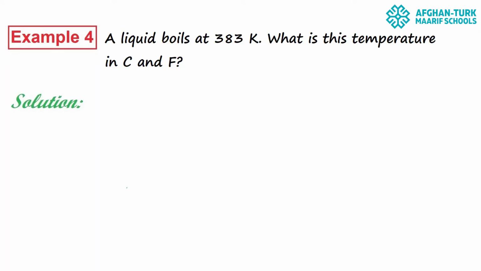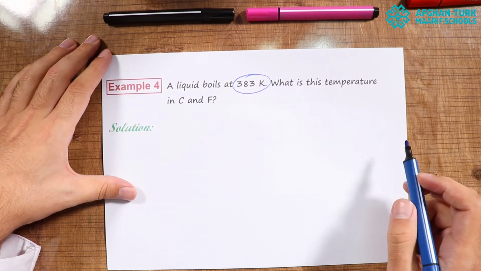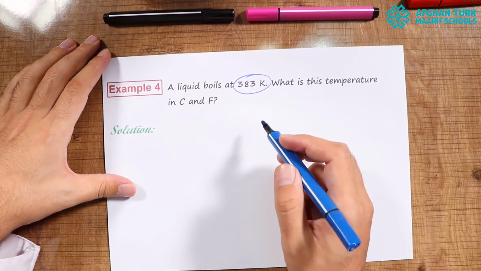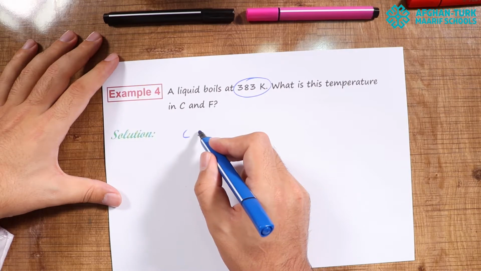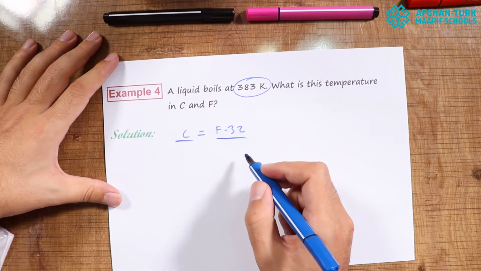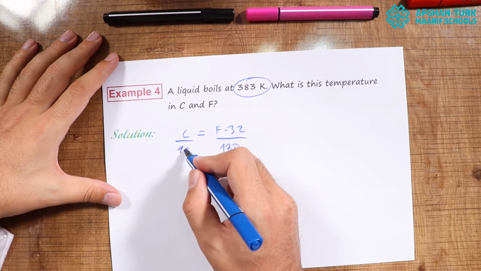In the fourth one, we will find the Celsius and Fahrenheit equivalence. I have 383 degrees Kelvin temperature here. From the usual equation, I find the Celsius scale of this temperature as 110. So let's find it. If I use the relation again, C divided by 100 is equal to F minus 32 divided by 180.